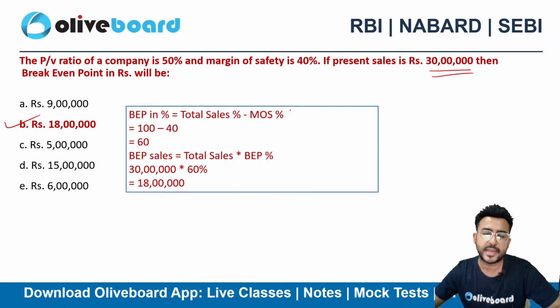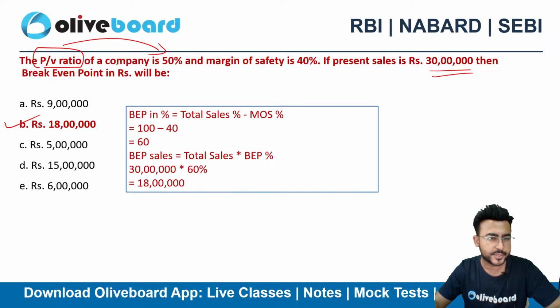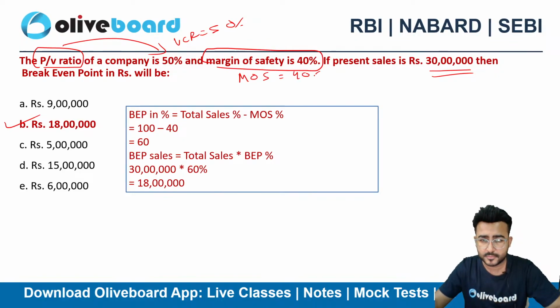30 lakhs multiplied by 60%. The moment they give me percentages, let's suppose PV ratio 50%, I won't just read PV ratio 50%. I will also read, okay, variable cost ratio is also 50%. The moment they tell me margin of safety 40%, I need to read between the lines as well.